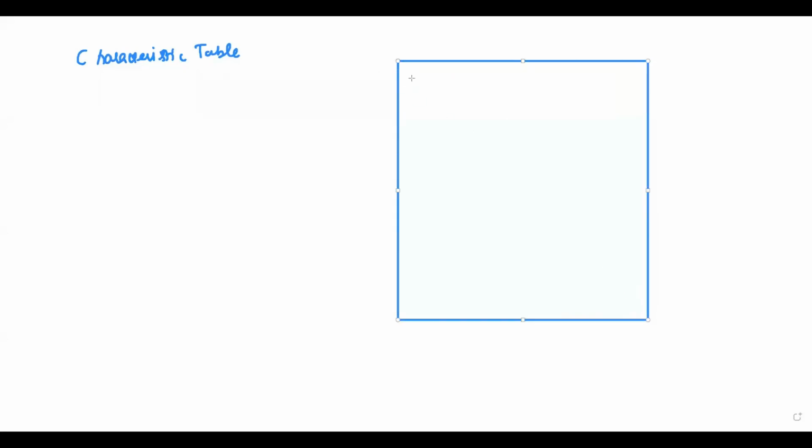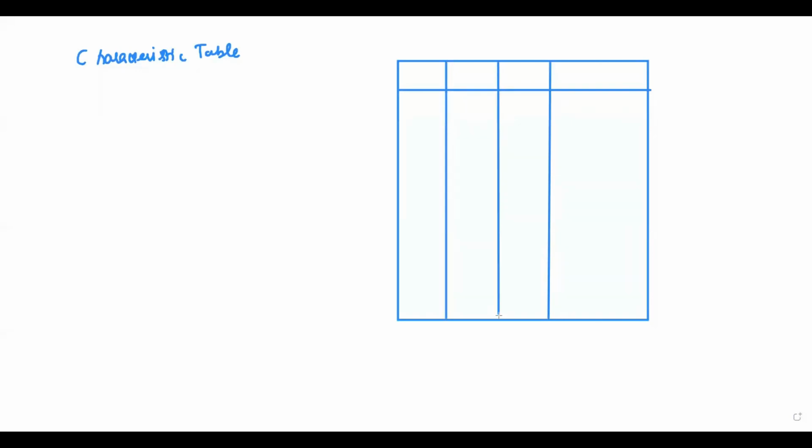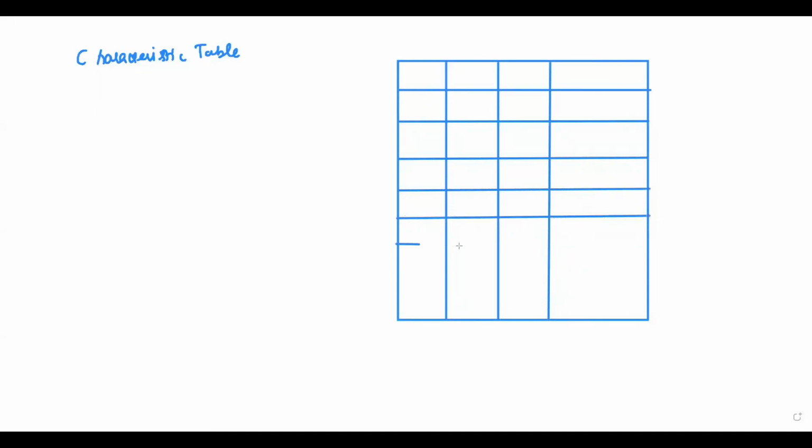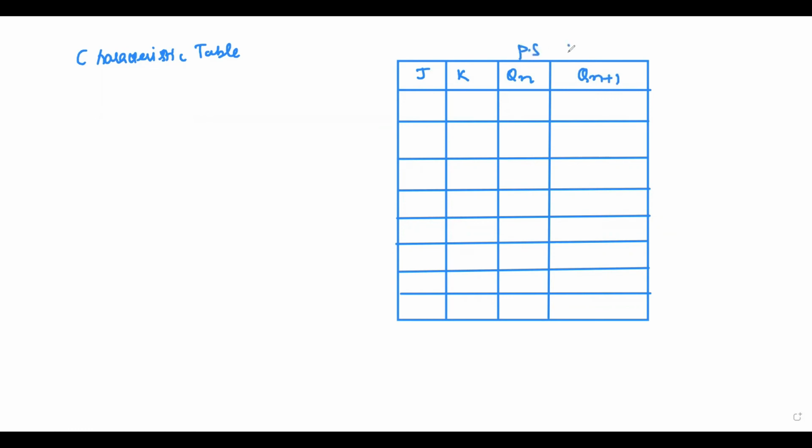Here you can see your inputs are J, K and Qn, numbered 1, 2, 3, 4, 5, 6, 7 and 8, and Qn plus 1, where Qn is the present state and Qn plus 1 is the next state.